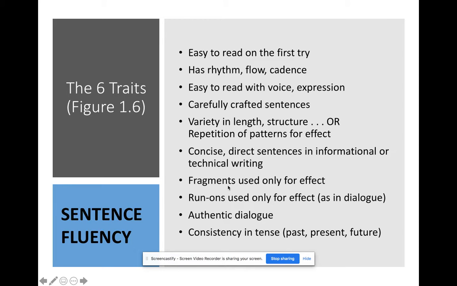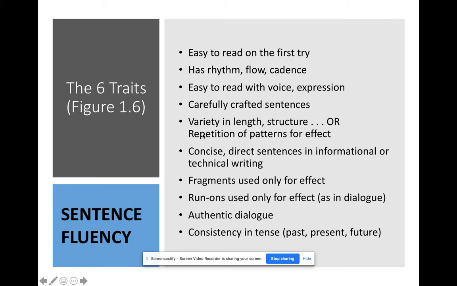If we use a fragment, it's for effect, not by accident. If we use a run-on, it's for effect, not by accident. And you'll probably use it in dialogue. And you want some consistency with tense.